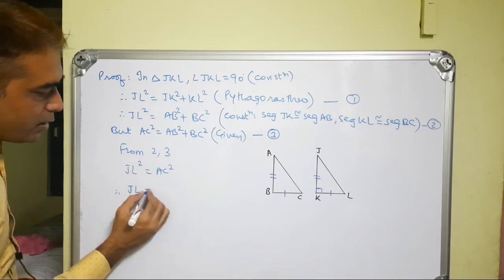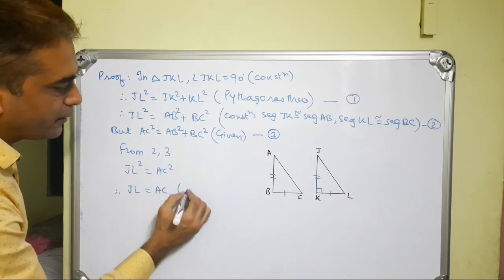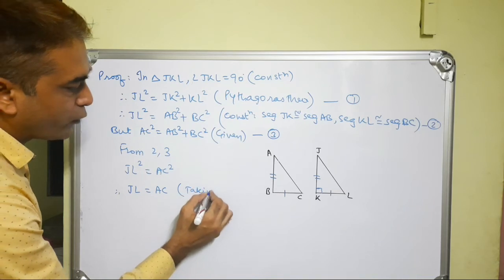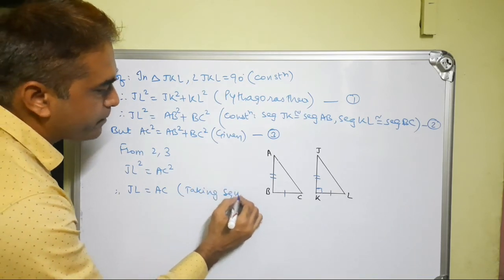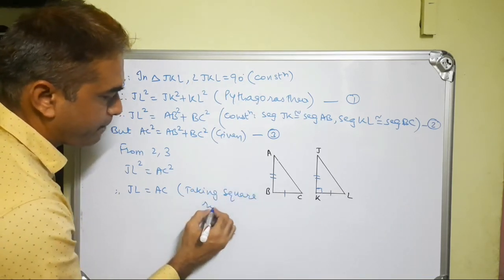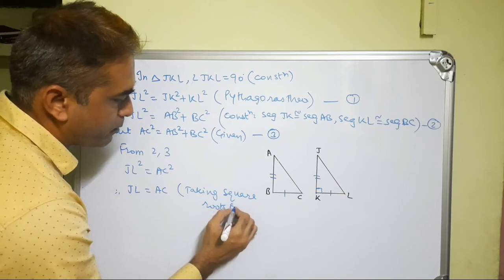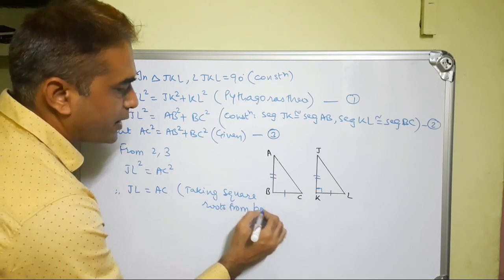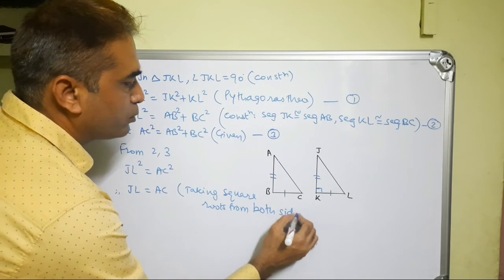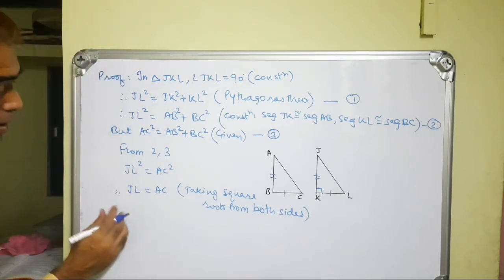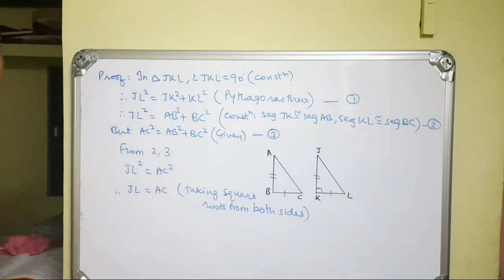Therefore JL equals AC, taking square roots from both sides.